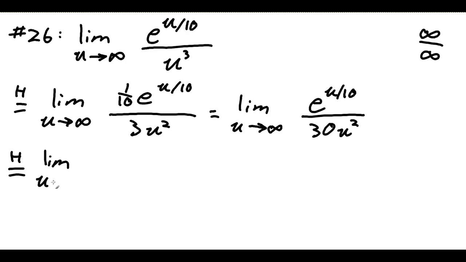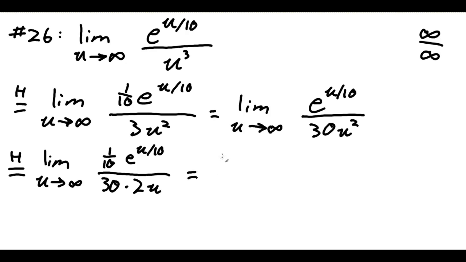And once more, the reason we're having to use L'Hopital here is because we have an exponential function, which is transcendental, together with the polynomial function u cubed starting off, and then down here with the u squared. So, again, those don't work together very nicely, so we just sort of have to see what we can do.